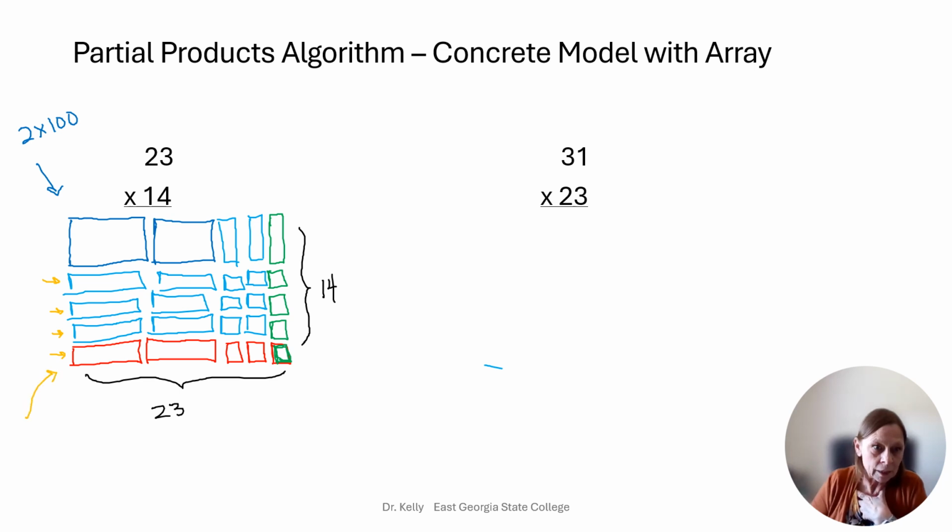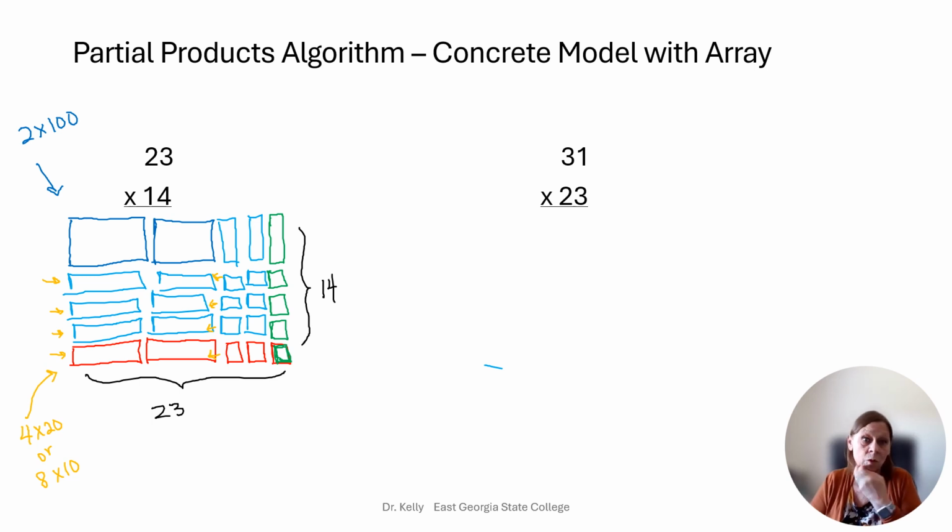So this whole section right here is 4 times 20. Or we could say 8 times 10 in that area. Okay, let me make some marks here on where we're talking about.